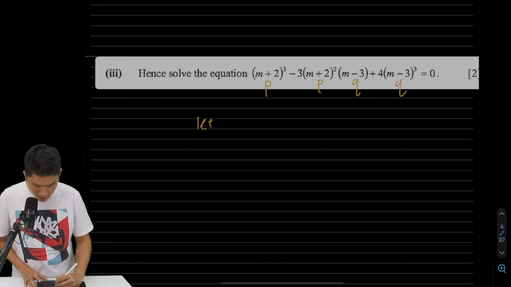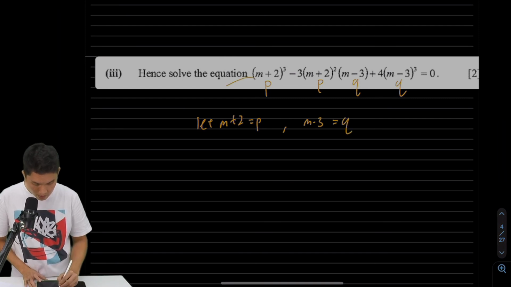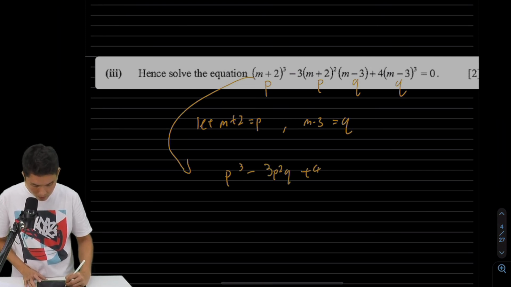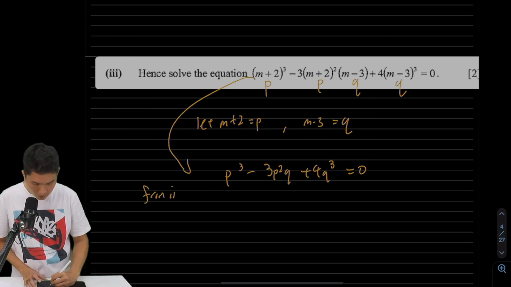So if I let m plus 2 equal p and m minus 3 equal q, then solving this equation is the same as solving p cubed minus 3p squared q plus 4q cubed equals 0.